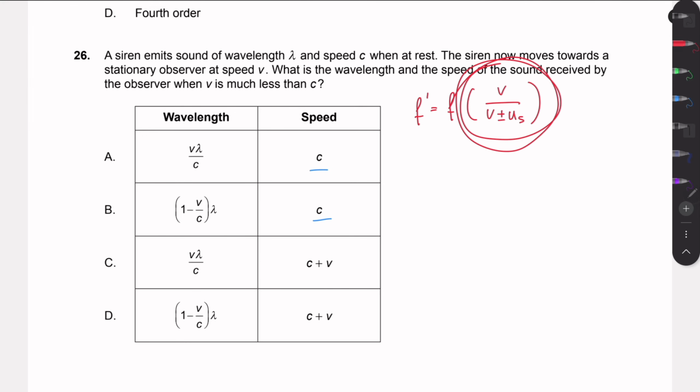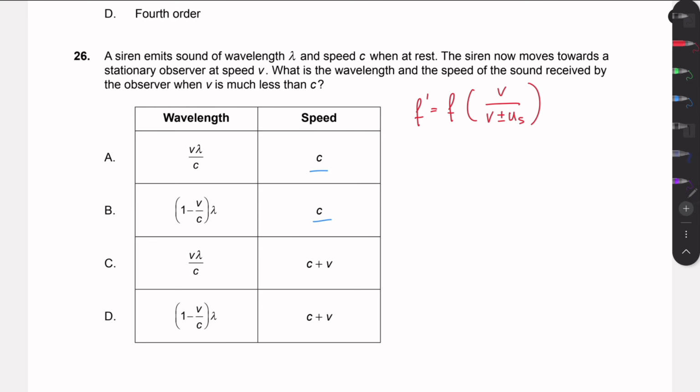The only way this can be larger than 1 is if this is a minus sign over here, because then the numerator will be larger than the denominator. As from v, we subtract some positive number, so the top will be larger, so we'll have a fraction that's larger than 1. So that's why we know we're going to need to use a minus sign.